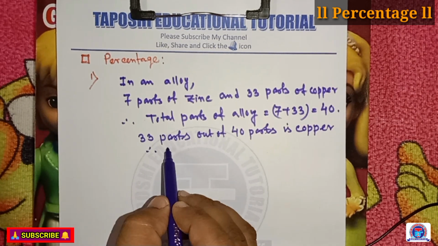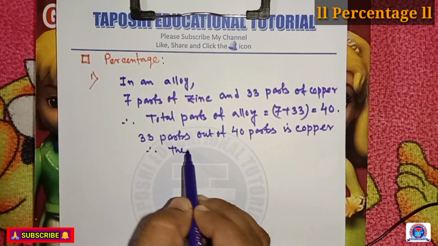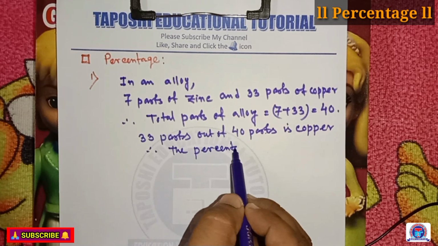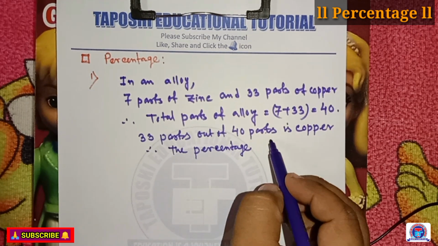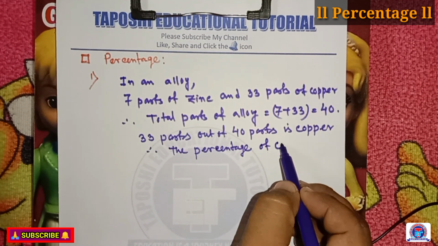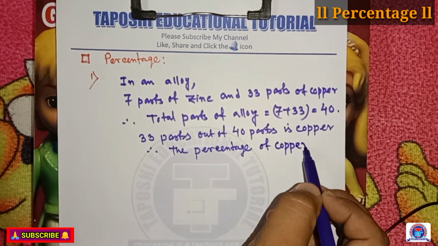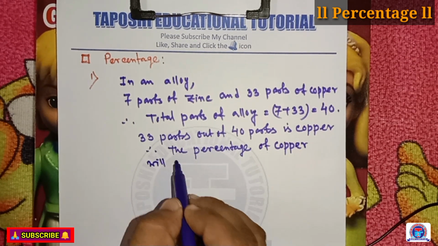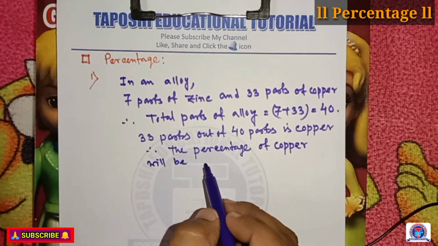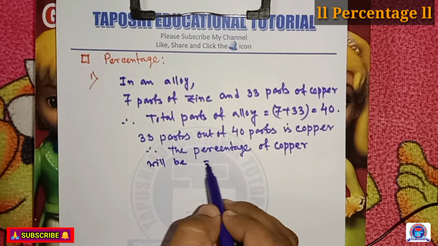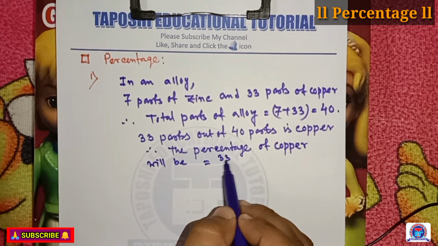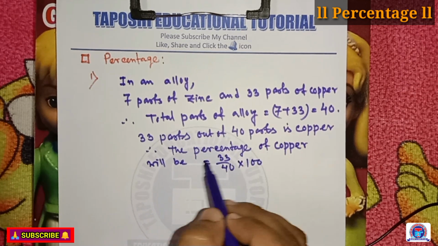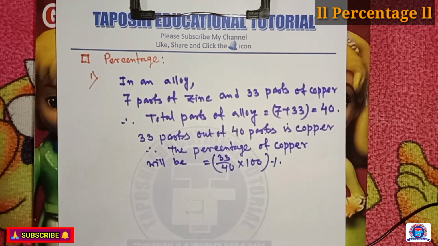Therefore, the percentage of copper will be 33 by 40 into 100 percentage.